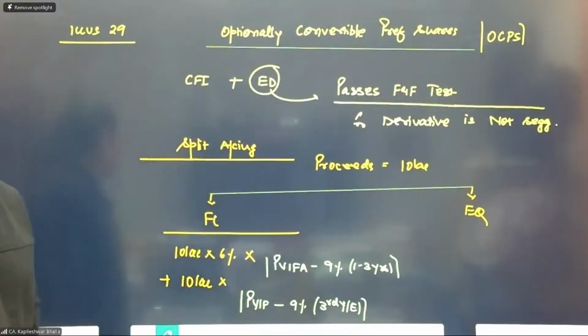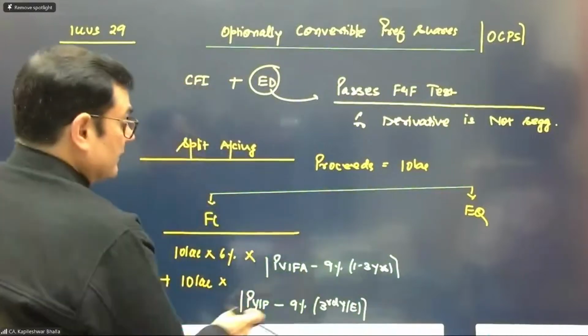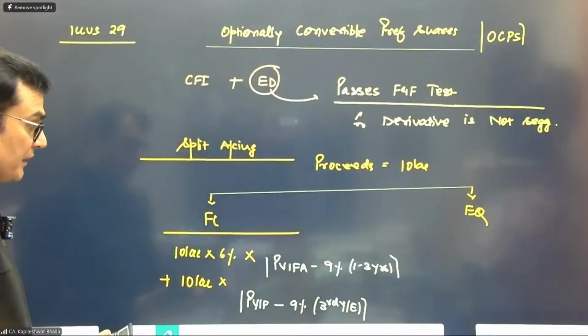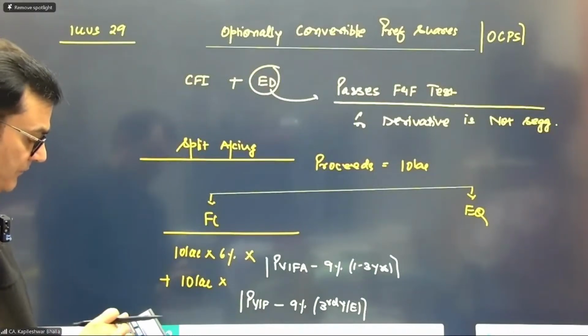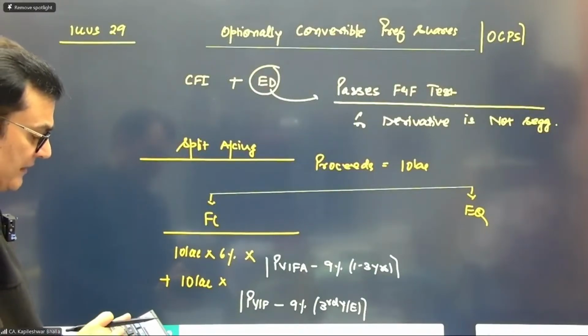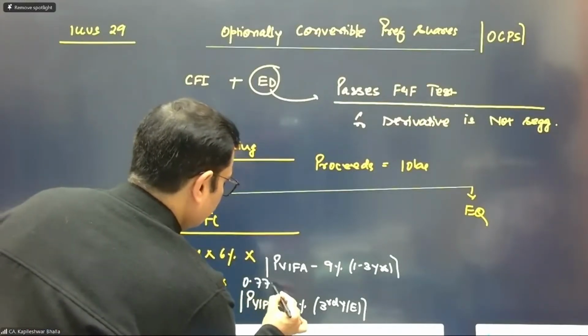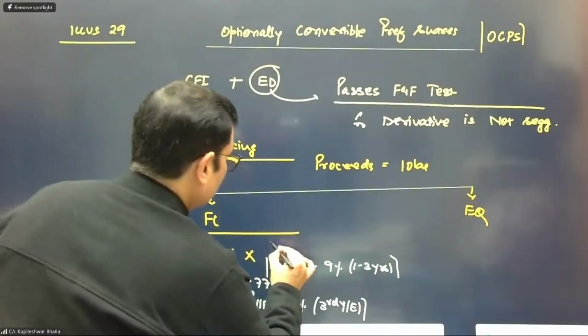So we need to consider the present value factors: a cumulative factor at 9% for 3 years, and we need a factor at the end of third year. So let's see what is the factor. At 9%, if I take the factor at the end of third year, I think it's 0.772 if I'm right. And I think the cumulative is 2.531.